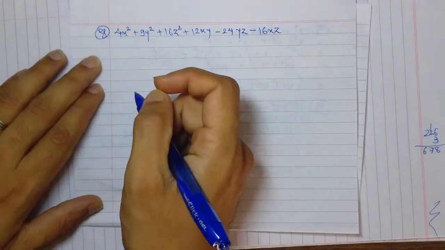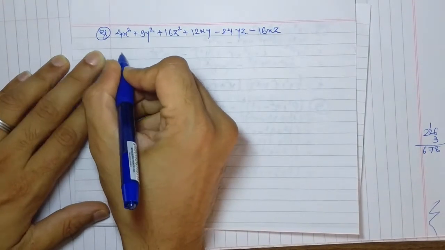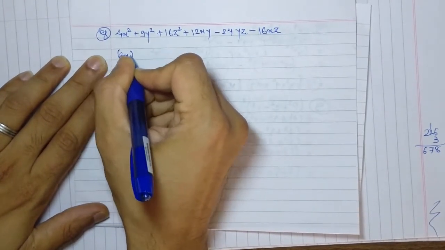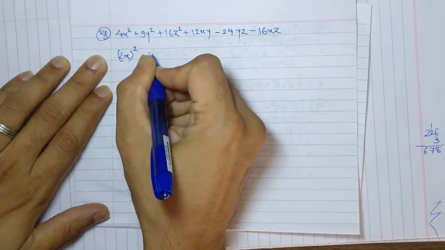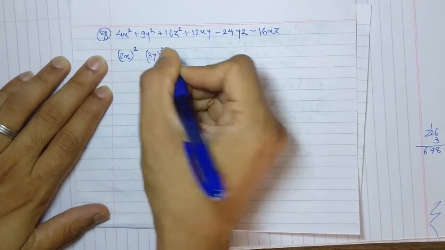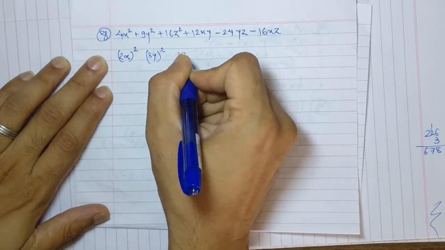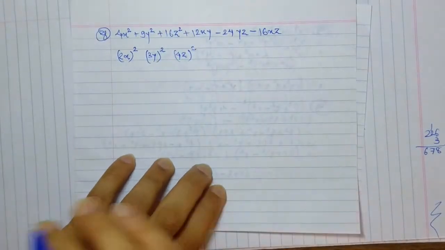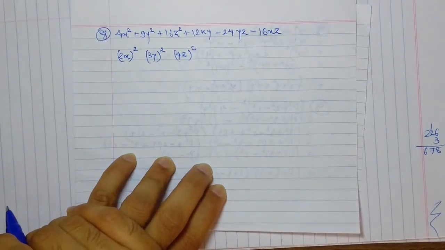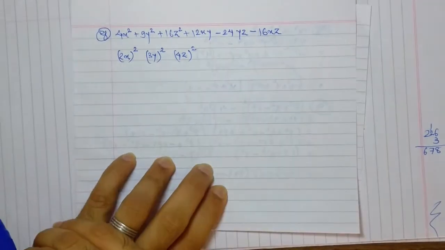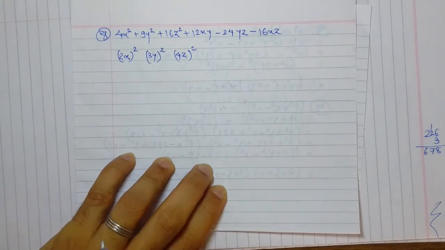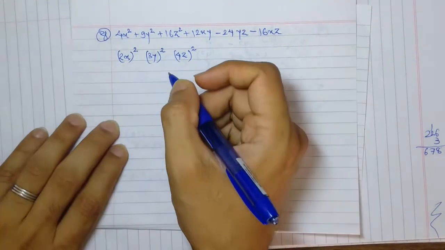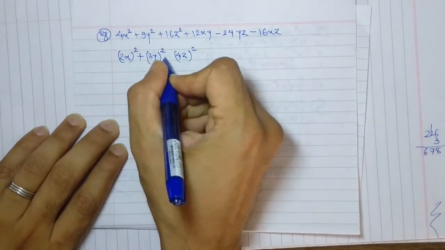See, I will show you. If you write (2x) the whole square, (3y) the whole square, (4z) the whole square. Now you must be wondering why I have not put signs here. I have not put signs because of a specific reason. Okay, let me put signs so that you don't get confused.